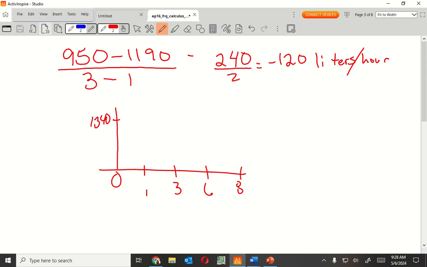Okay, what is my value at 1? It's going to be a little bit less. My value at 3? 950. Okay, it's on the board right now. And what's the value at 6? 740.